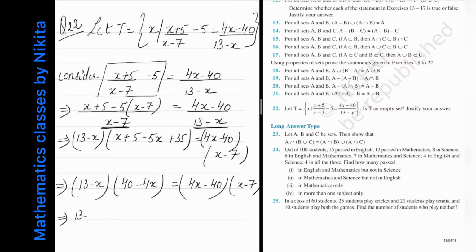That means (13 − x)(40 − 4x) − (4x − 40)(x − 7) equal to 0. This is what you will have. Now from here what you can do is you can take common 40 minus 4x.